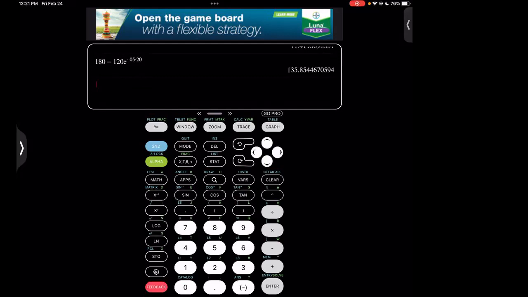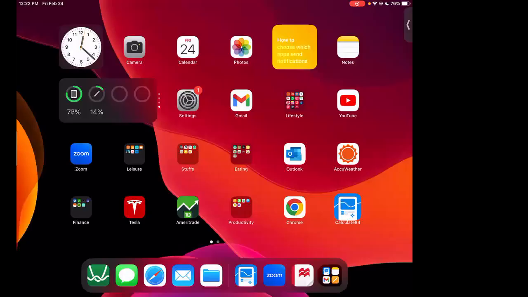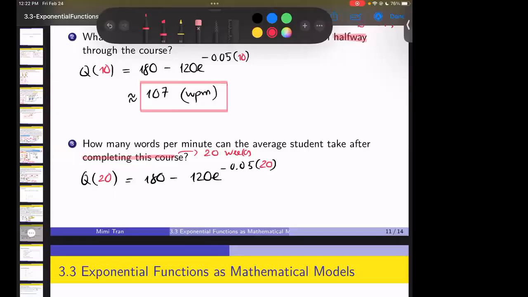After 20 weeks, it's supposed to be slightly faster than at 10 weeks on average. So after 20 weeks it's roughly 136 words per minute.